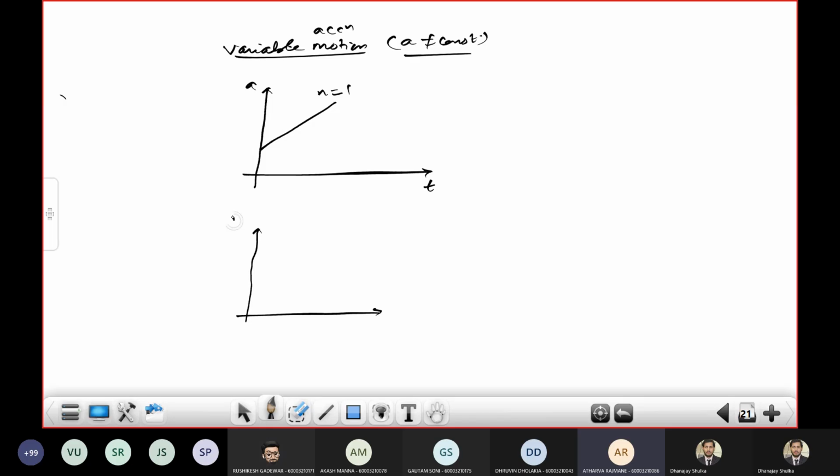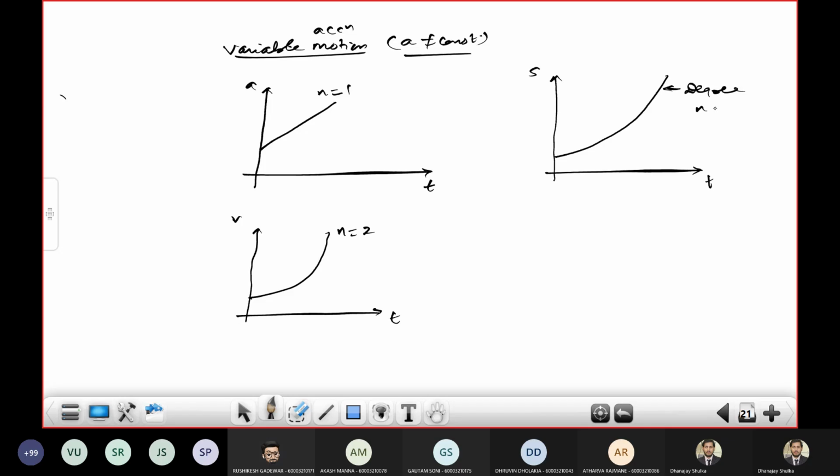Upwards parabolic. Yes, concave upward because it is increasing in the positive direction. So this will be n equal to 2, and ST will be cubic upward. Yes, cubic. So this will be degree n equal to 3. Okay, this is cubic.